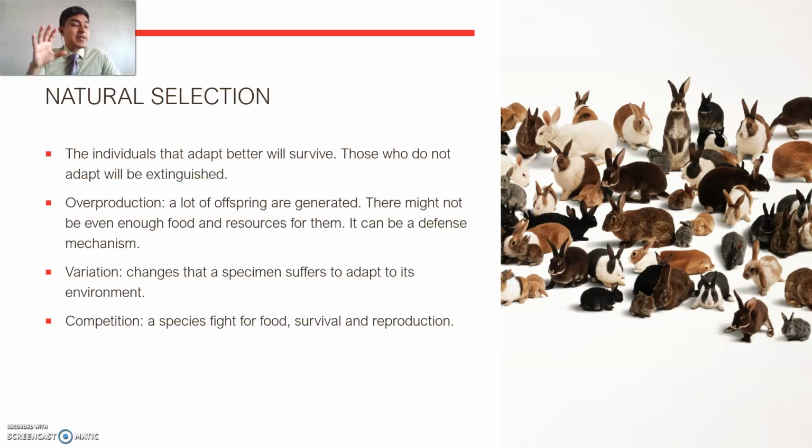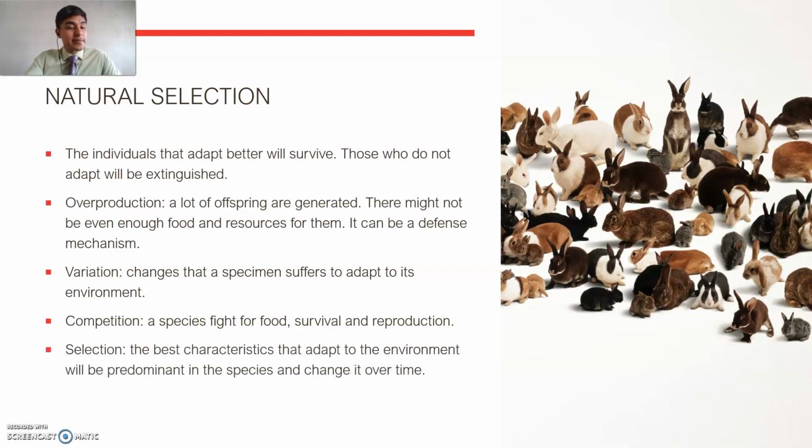So this alpha wolf is going to have more chances of reproduction because he is going to be above in the scale of the group. And those other male wolves that are only followers are going to have fewer chances of reproduction and survival. So in the natural world, there is a constant competition for survival. And of course, it can be for food or even reproduction.